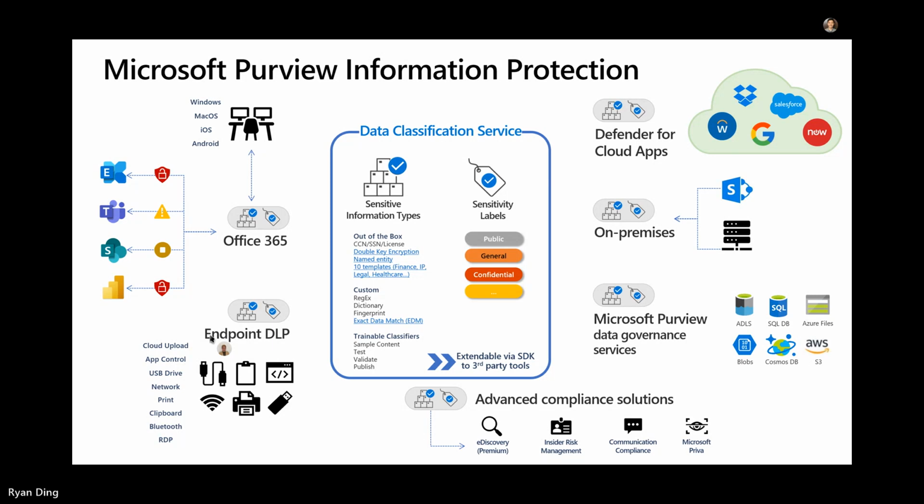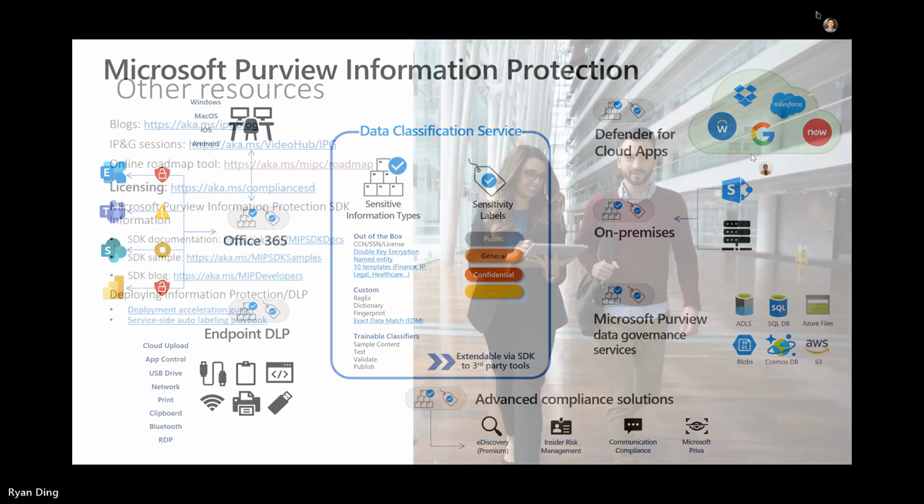Classifying and labeling your data is just the first step to achieving end-to-end data security and governance. To learn more about the rest of our Purview catalog, including Endpoint DLP, Defender for Cloud Apps, data governance, and advanced compliance, please stay tuned for our future webinars or utilize any of the following resources that I'm sharing on the next slide.